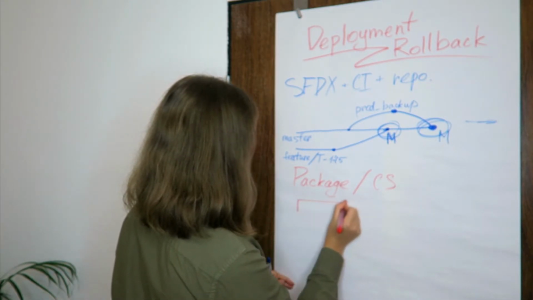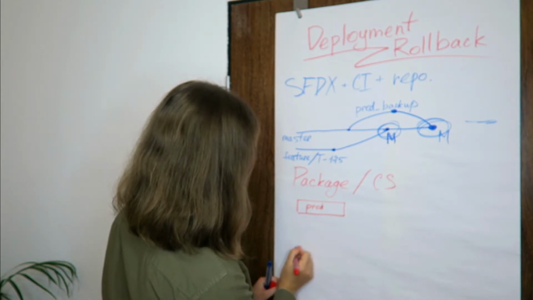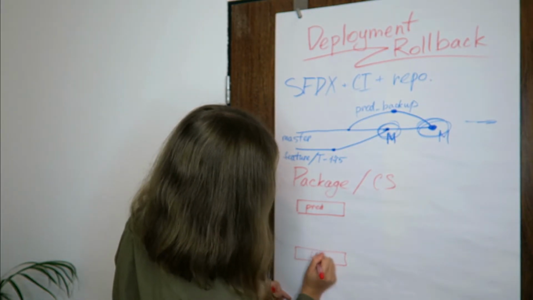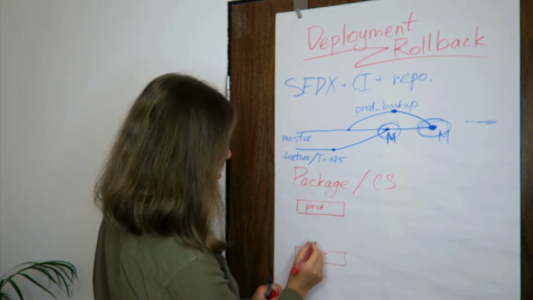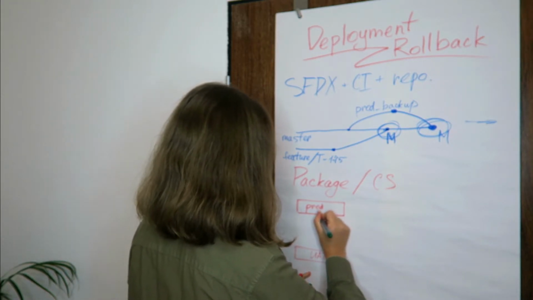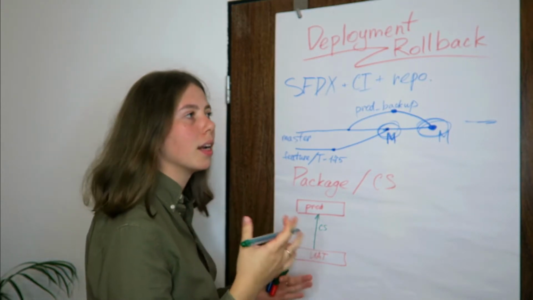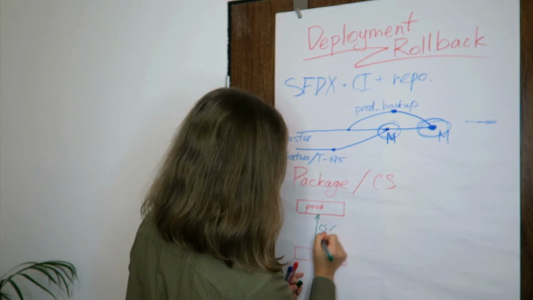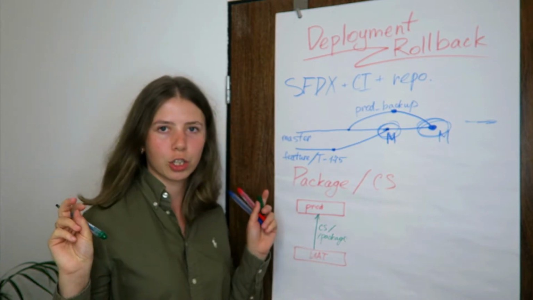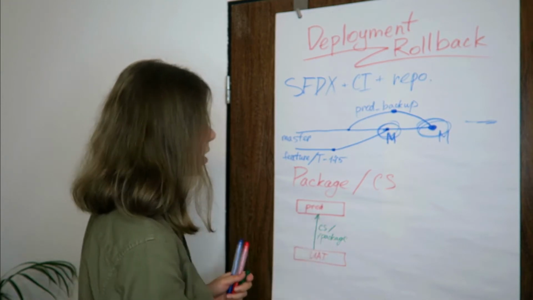We have production, and we have your previous work in UAT, let's say. You want to deliver them. There would be some change sets, or it can be again a package, a local package with API deployment via Workbench. So anyway, you're sending that.